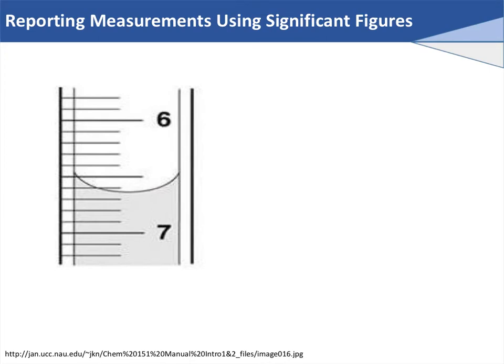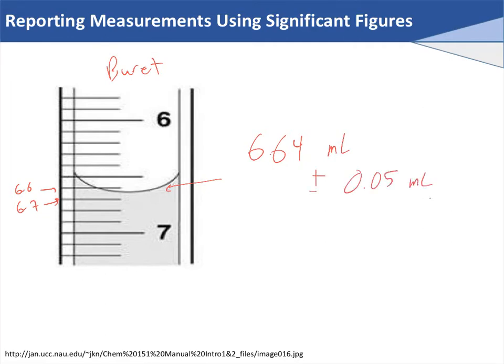So let's look at a few measurements and give some context to significant figures and that whole phrase I just gave you. This is looking at a burette, and if you remember reading burettes from Chem 2 or your previous Chem class, this would be 6.6, this would be 6.7, and this meniscus is somewhere between 6.6 and 6.7. So it's probably about 6.64 milliliters, plus or minus 0.05 milliliters.